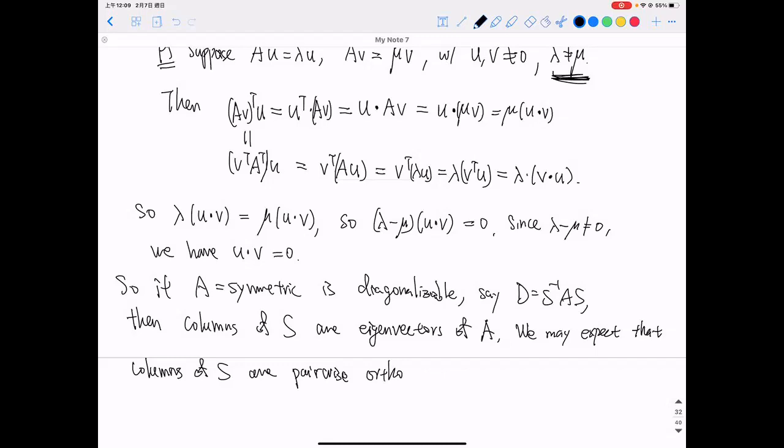Again, at this point, it's an expectation. But it's a reasonable expectation.